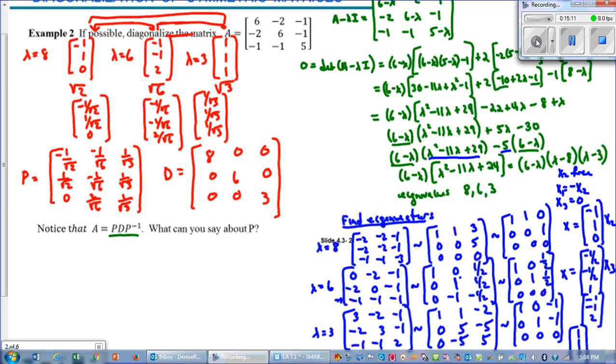Okay, the only thing we haven't found is P inverse. Okay, it will be invertible. The columns are orthogonal. They're normalized. They have length 1. Now, because they each have length 1 and they're orthogonal and it's a square matrix, that means that P is an orthogonal matrix.